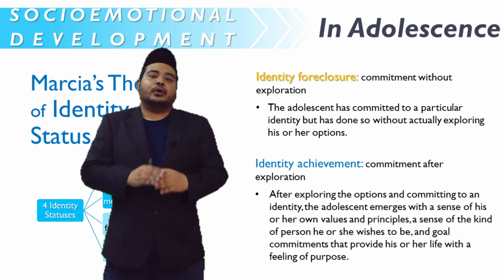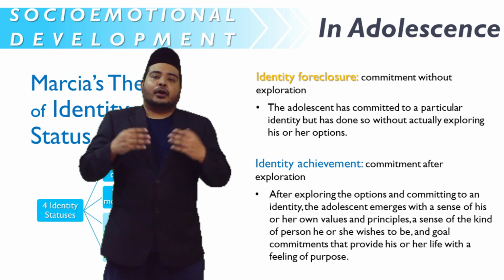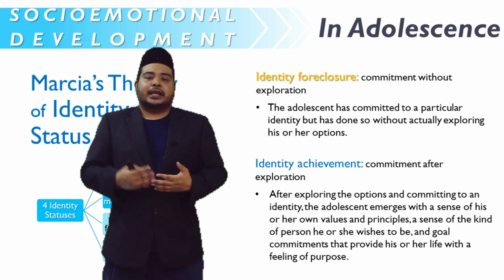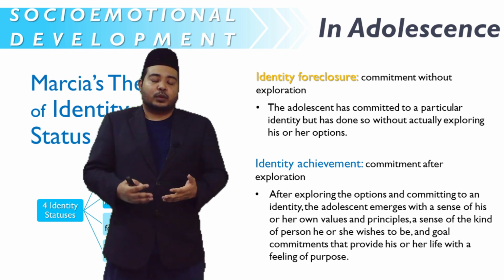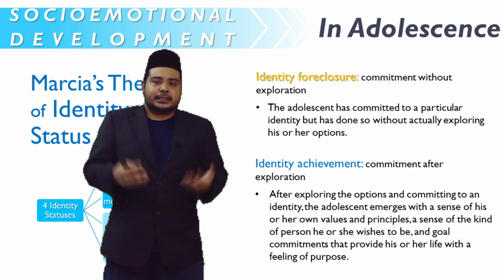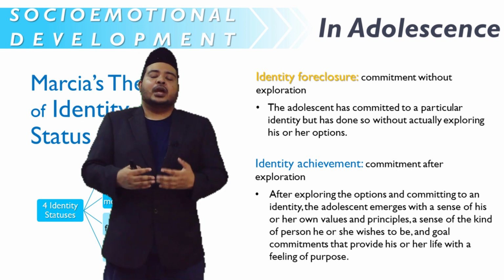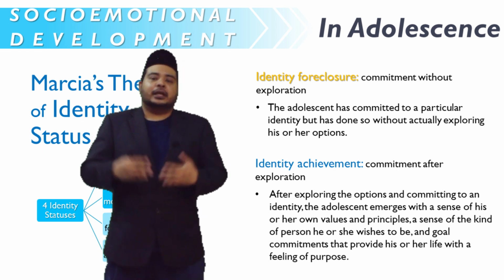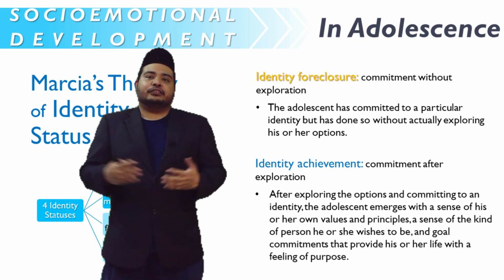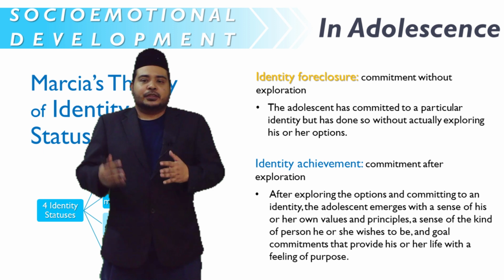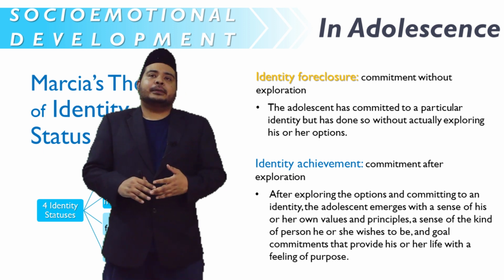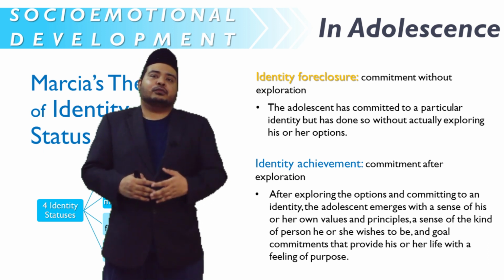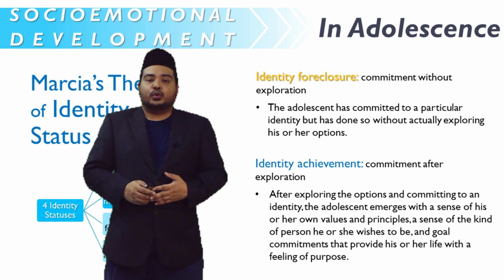After exploring the options and committing to one identity, the adolescent emerges with a sense of his or her own values as well as principles, a sense of the kind of person he or she wishes to be, and goal commitment that provides the adolescent with life purpose and life objectives. So this is the highest status, where adolescents are already clear about their identity, what they want to be and who they want to be.